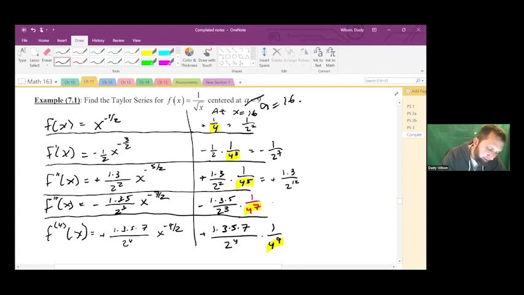We're adding 5 to our power each time. Then 1 times 3 times 5 over 2 to the 14 plus 3, which would be 17, and that one should have been negative. And then positive 1 times 3 times 5 times 7 over 2 to the 18 plus 4, or 22.